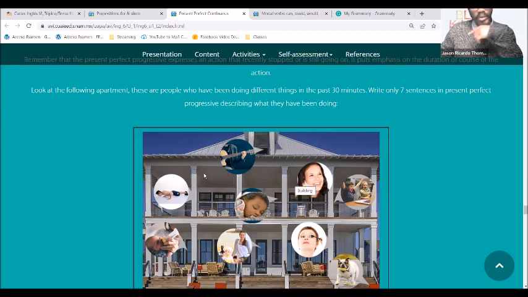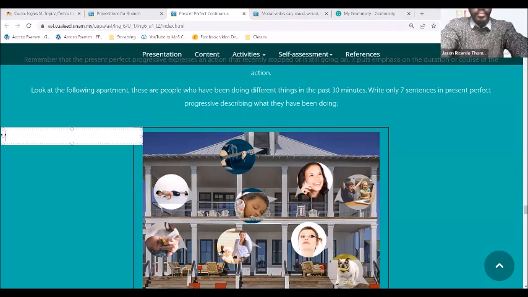And then we will look at a second writing activity. Now, with the writing activity, guys, simply make use of your have and has plus your been, has been, have been, and your -ing, right?